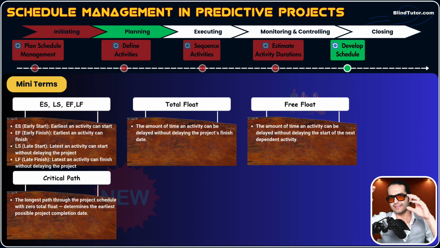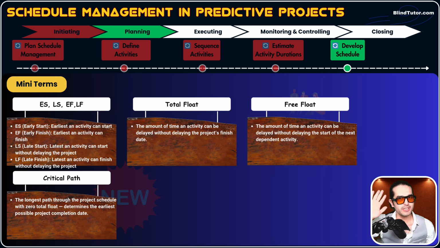And then after B, we had D, F, and then lastly G. For the bottom path, we had C, and then I think E, and then G. So there are different paths to complete this project, and we need to complete all of these paths, but some paths are longer and some paths are shorter. We call the longest path the critical path. Any activity in that critical path has 0 total float.